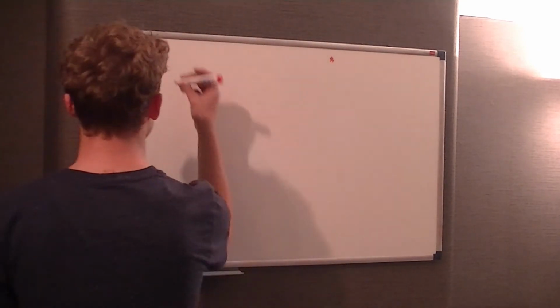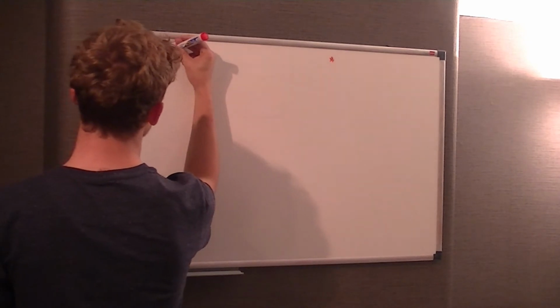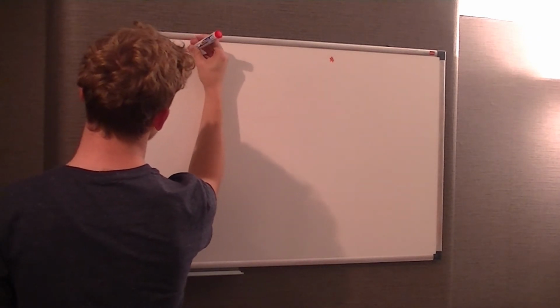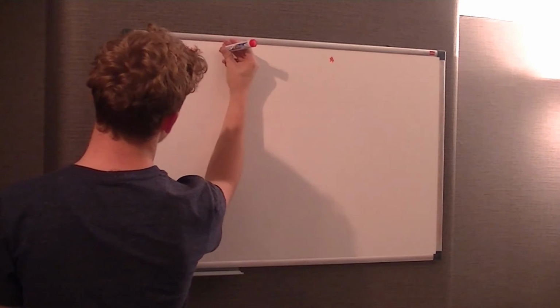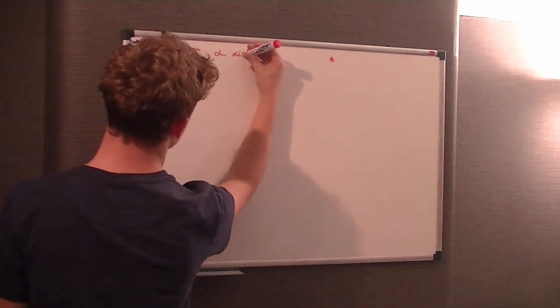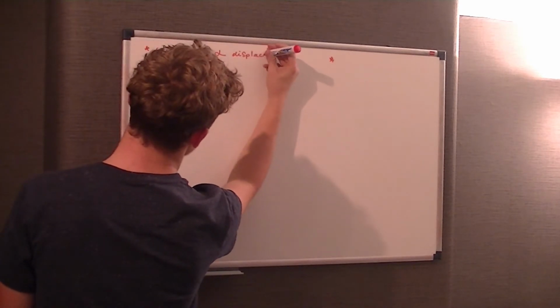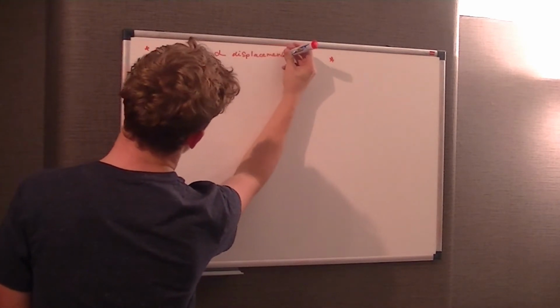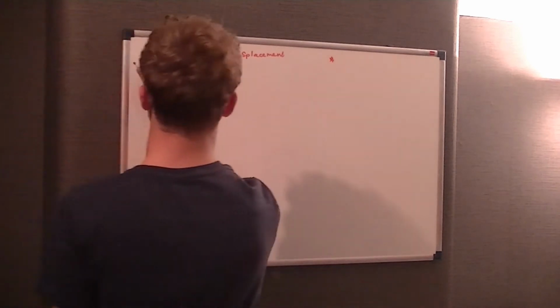So, the first thing is the acceleration is proportional, so there's a little fish symbol, to the displacement. You could say this displacement from the equilibrium, but I'm just going to put displacement because I'm quite lazy.